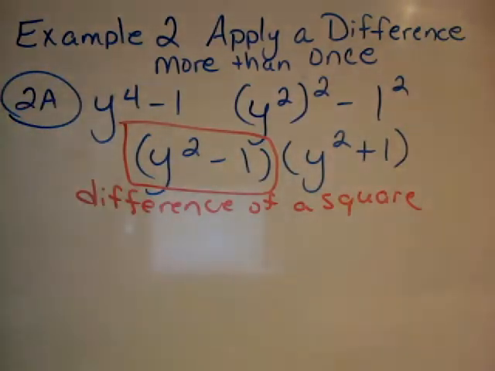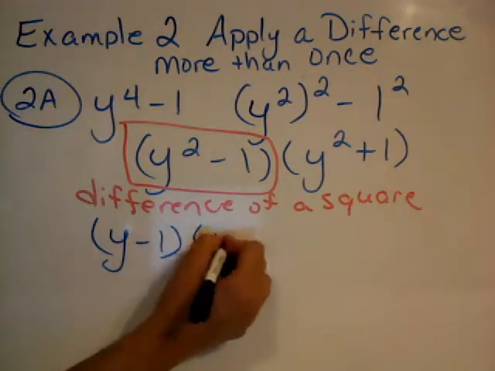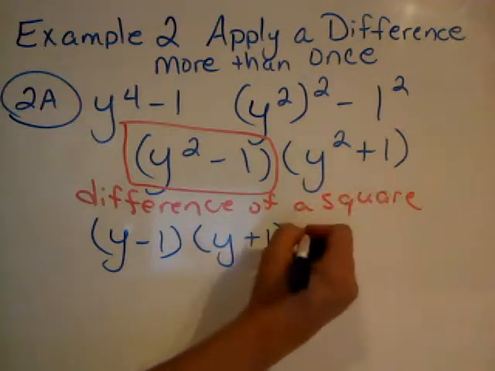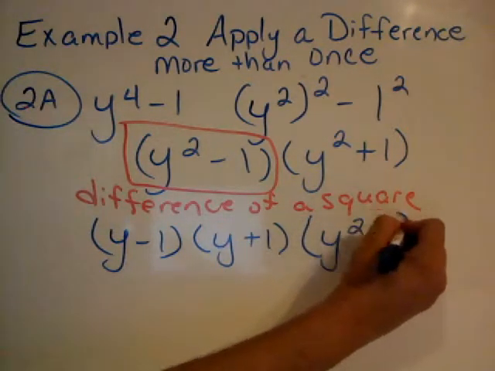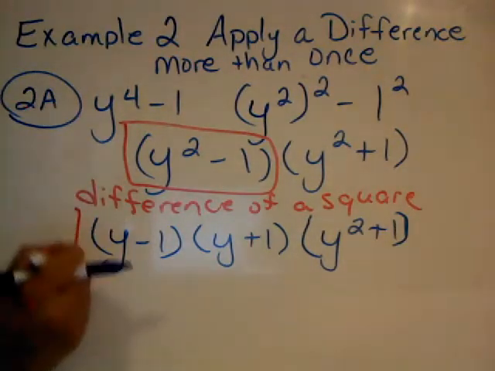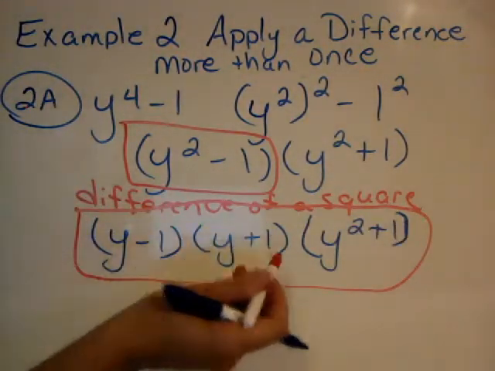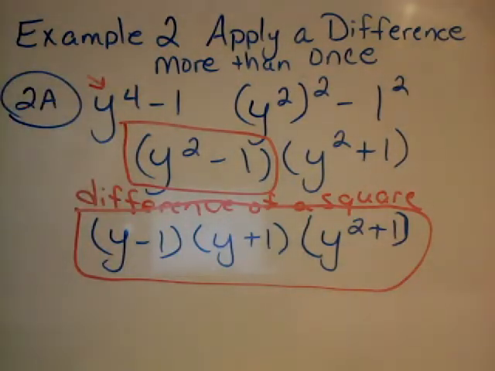So I'm going to say y minus 1 times y plus 1. This is not a difference of a square, so I'm going to leave it alone. And now my problem is totally factored. And if I use the full method, one step at a time, I would go back to my original point.